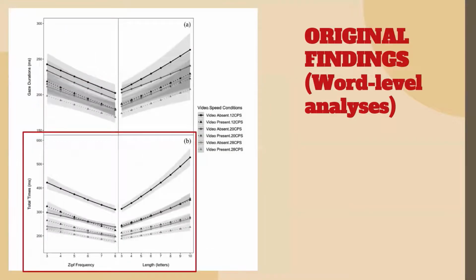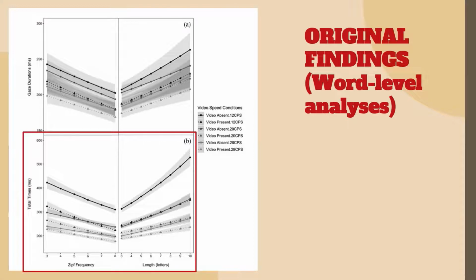Then in terms of the word level analysis, we only look at the subtitles word by word. Well, this is the original result: they looked at frequency of the words and length of the words, right? And what they found really nicely confirms the finding of reading research for static text.